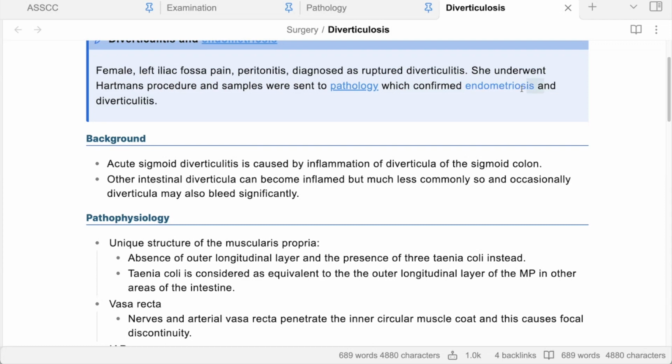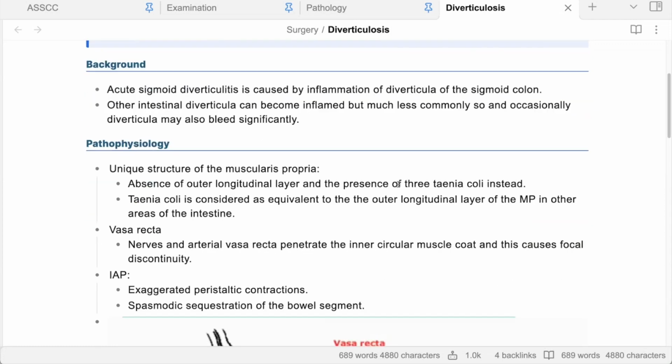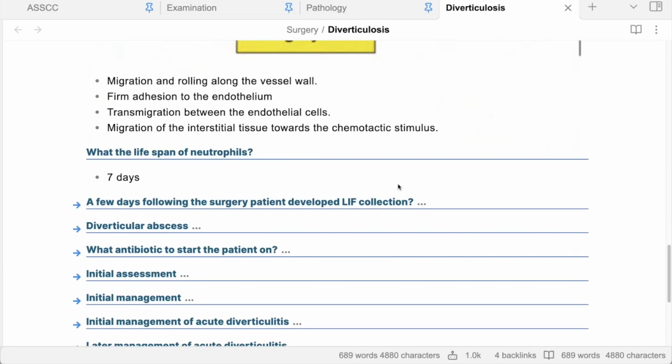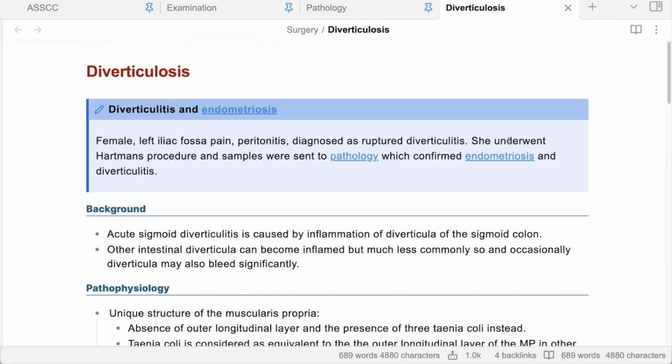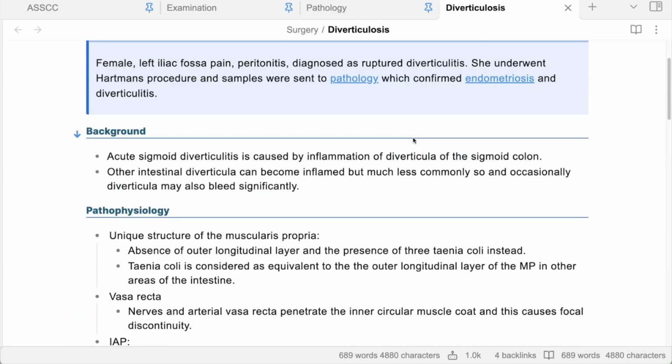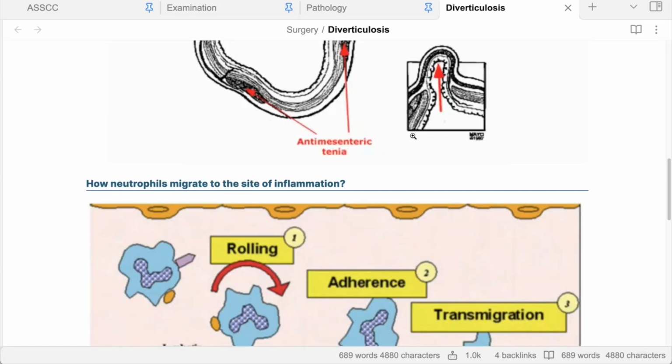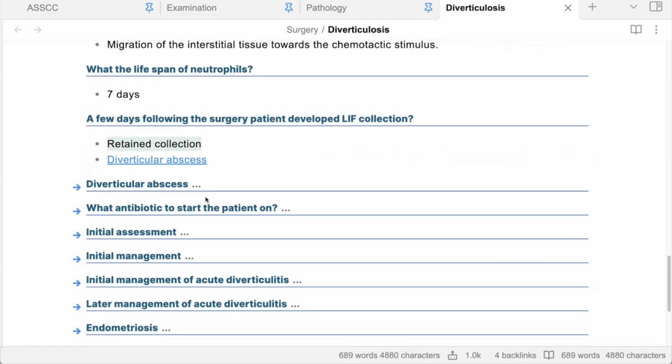Even endometriosis can make a collection from the hematoma that can lead to that. So the answer here would be exactly like we said it, but you can still mention diverticular abscess and even retained collection from the endometriosis or the diverticulitis. Okay, good. Well, diverticular abscess.